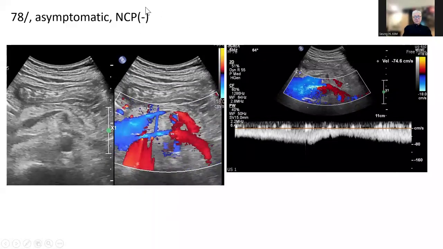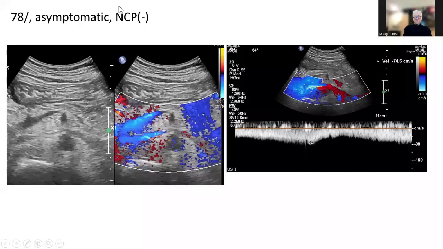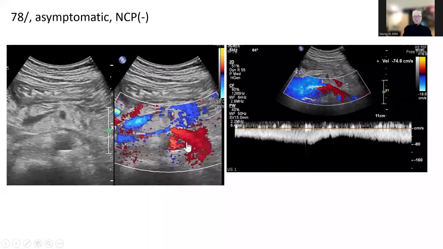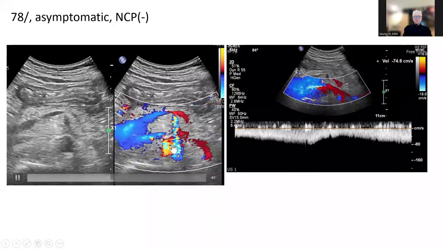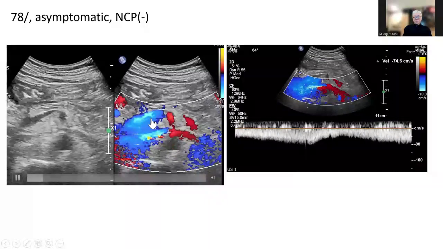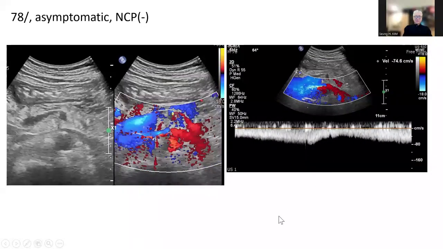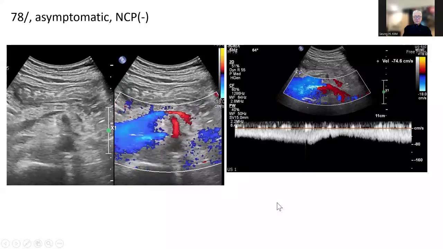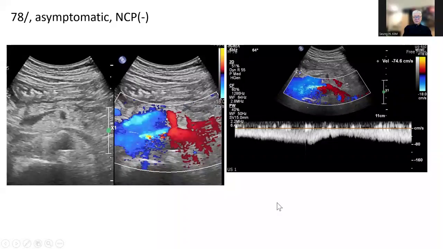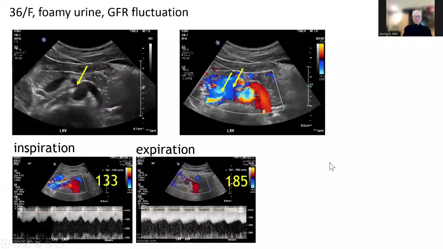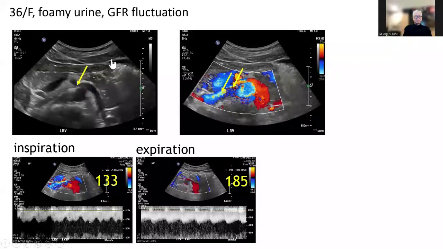So this patient does not have nutcracker. Probably this is a normal compression in this area. So this is a case of normal longitudinal venous Doppler and color Doppler findings.